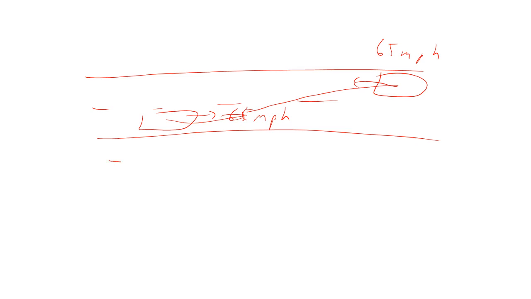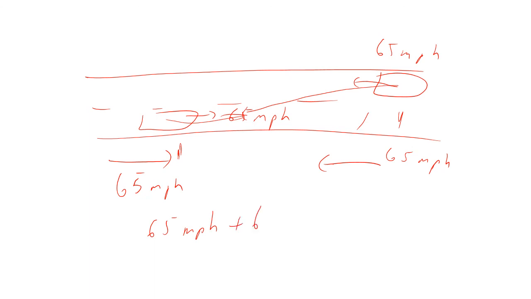One's going 65 miles per hour this way, the other's going 65 miles per hour that way relative to the road. Relative to this car, it's going to be 65 miles per hour plus 65 miles per hour, or 130 miles per hour.